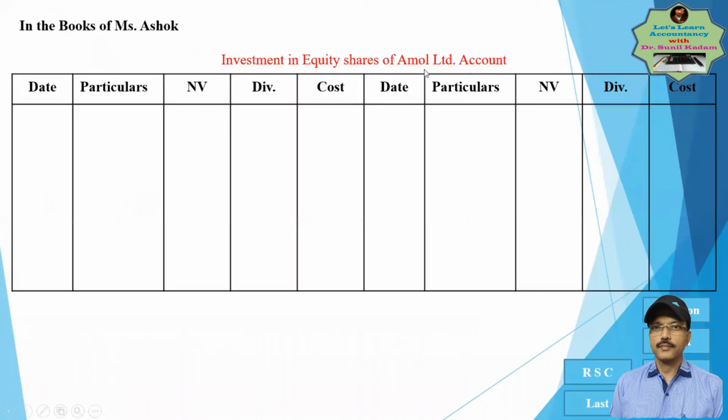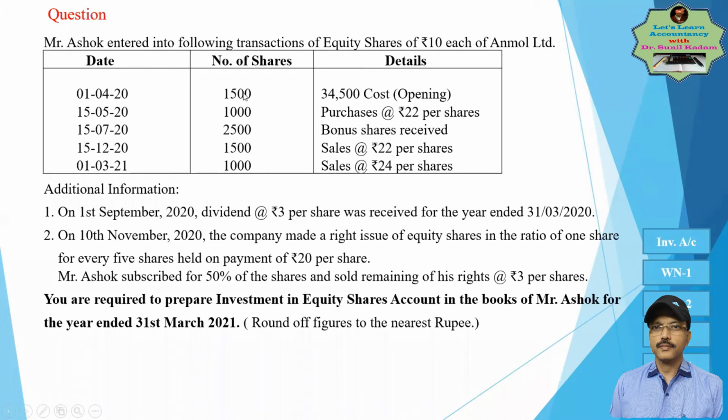This is the investment account for the year ended 31st March 2021. There is an opening balance of 1,500 shares. The face value is 10, so 1,500 into 10 is 15,000, the nominal value. And the cost is given as 34,500. So we have to record this.